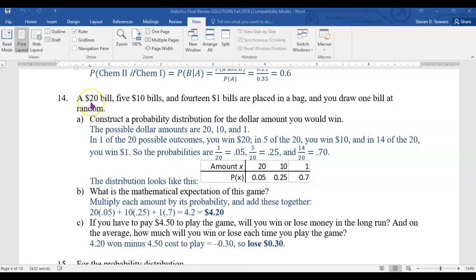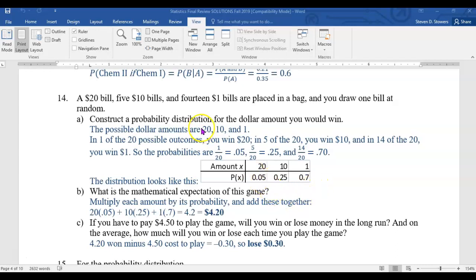The dollar amounts you could win are, you could win $20, you could win $10, or you could win $1. And then the second part of the distribution is a list of the probabilities that go with each one. Remember, a probability has to be between 0 and 1, and if you add the probabilities up together, they have to add up to exactly 1.